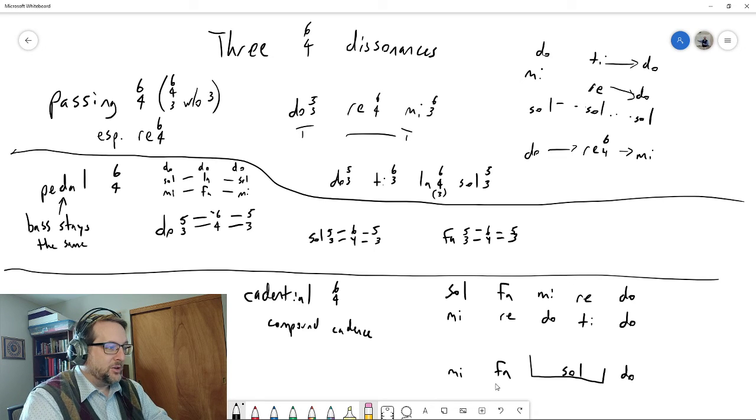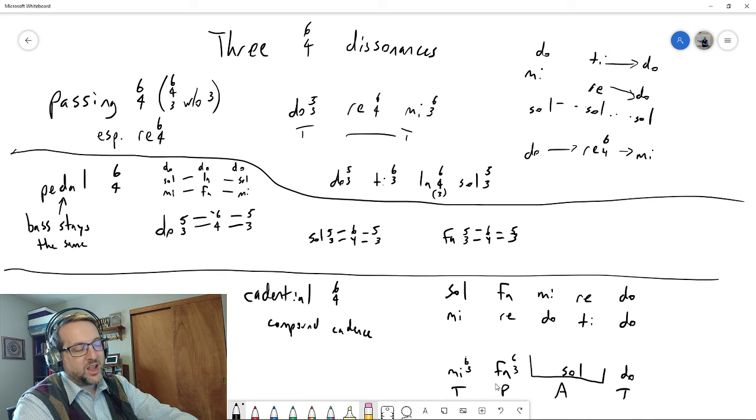But the point is here, as I'm coming through this, I've got my mi 6/3, I've got my fa 6/3, tonic, plagal, authentic tonic. The pedal's a way of stretching out this resolution here in a situation where I need to have that passing mi, re, do, and the do, ti, do both happening on top of the sol.